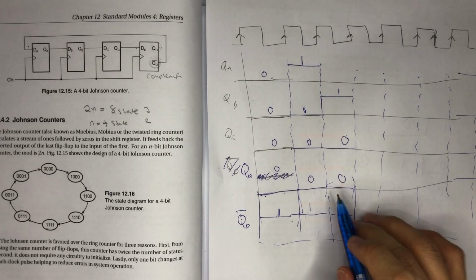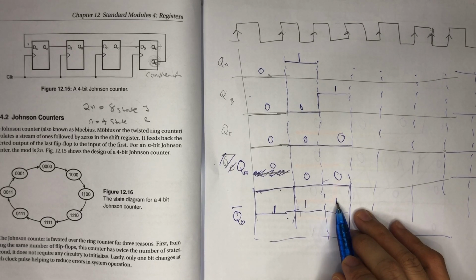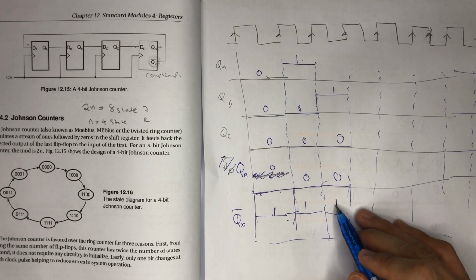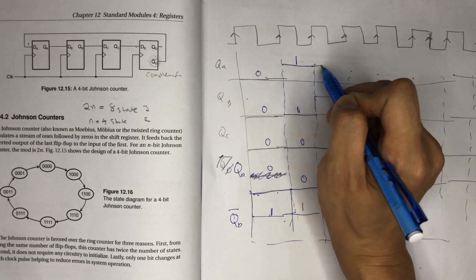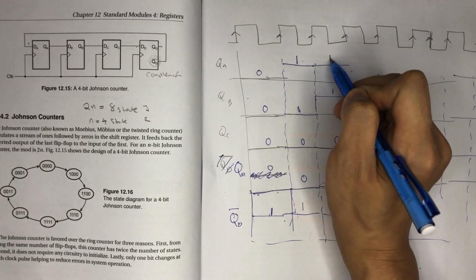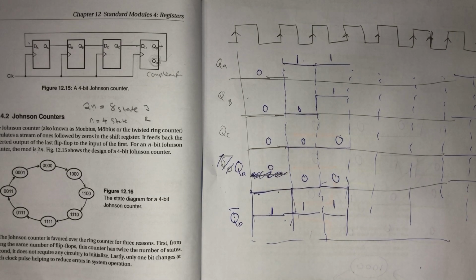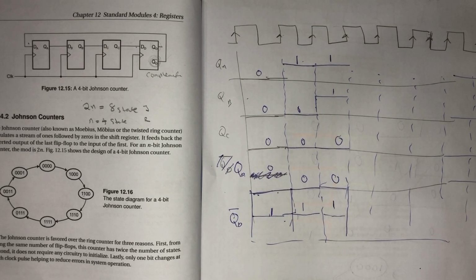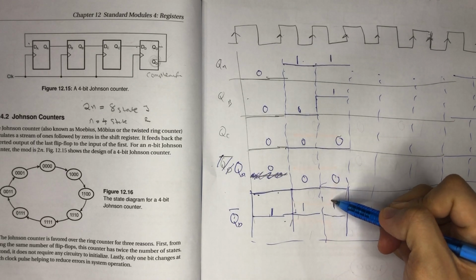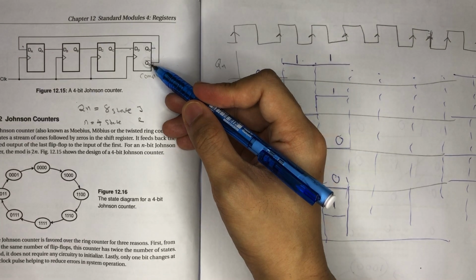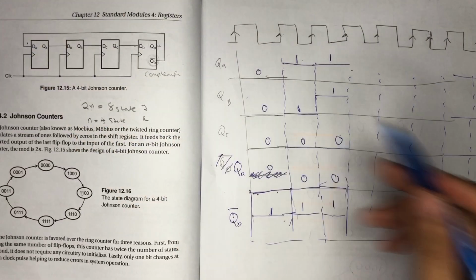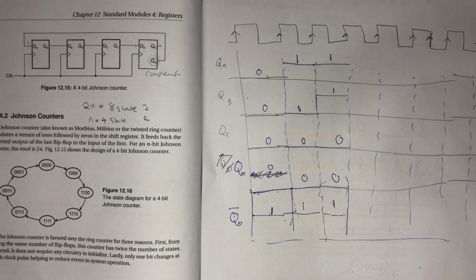If you notice, there is still 1 here for this flip-flop, because it still receives the 1 from the inverted output to your flip-flop A. And then what happens at the next rising edge?